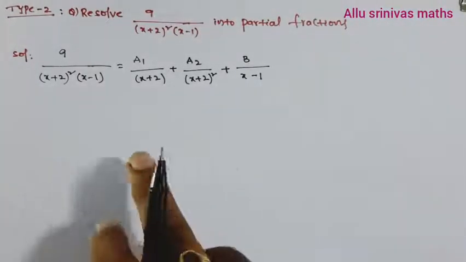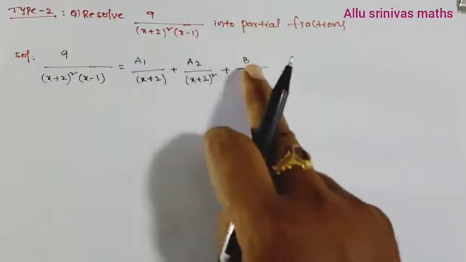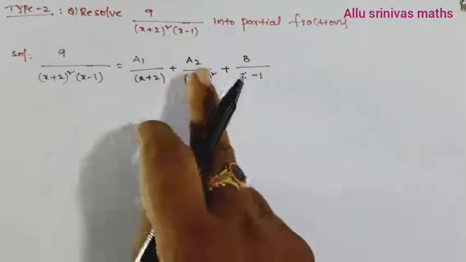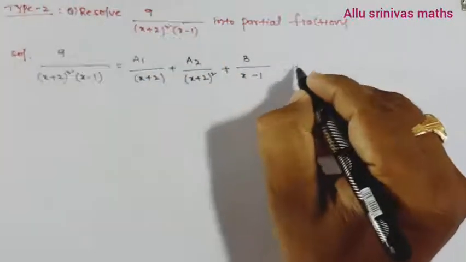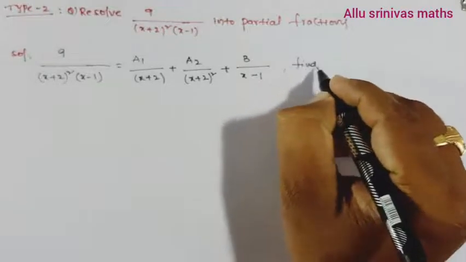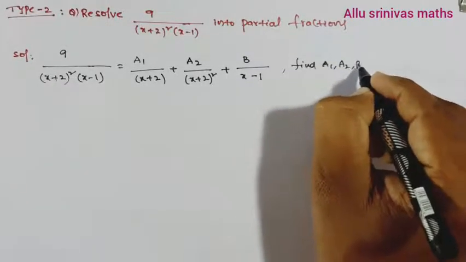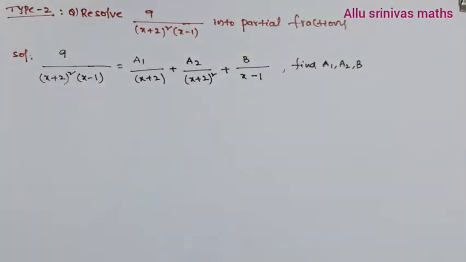Here a1, a2, b are constants, then we have to find out the 3 values, A1, A2, B.